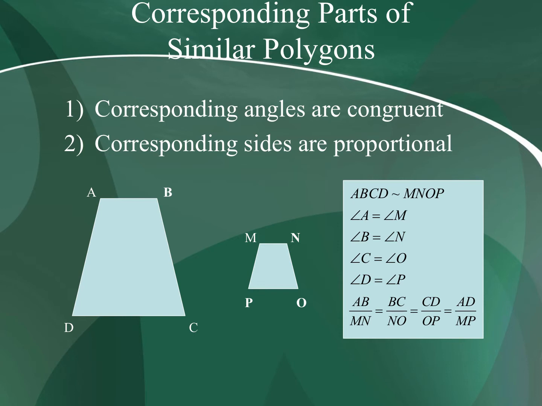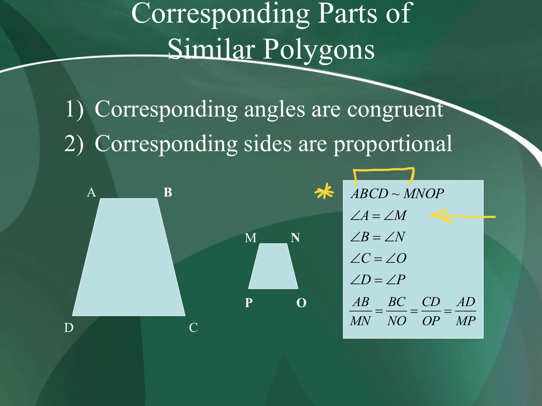So if they give you a similarity statement like they did right here, the order of the letters is important. Just like we did with congruent polygons, similar polygons tells you what angles match here. So for example, the first letter is A, and it's going to match with the first letter in the second one, and that's M, and that's the first statement that was here.